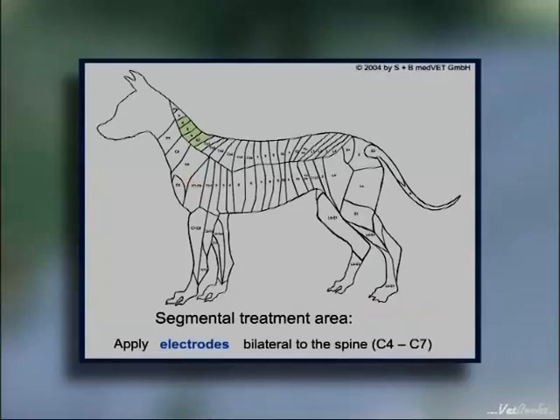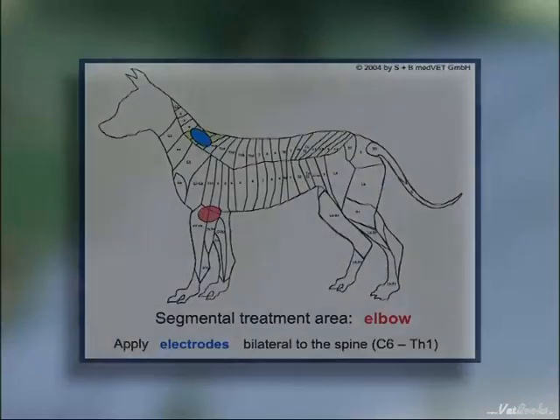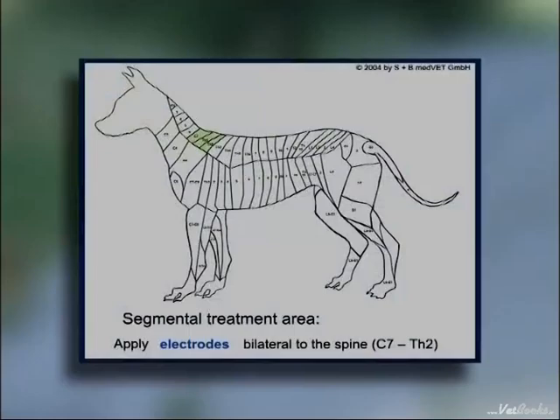The shoulder, C4 to C7. The elbow, C6 to TH1. The carpal joint, C7 to TH2.